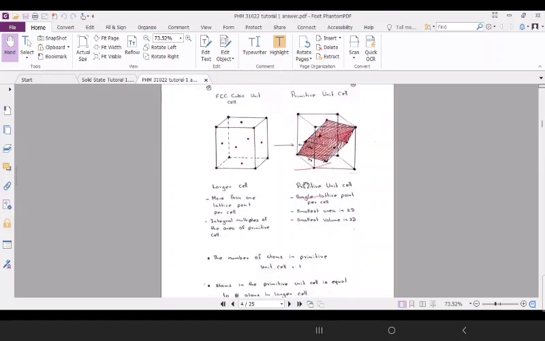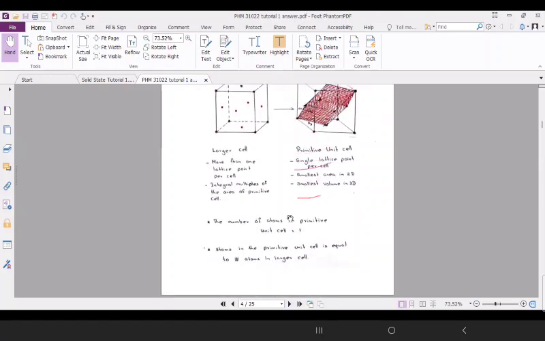Okay, in this comparison, see guys, the number of atoms in a primitive unit cell is 1, it's totally fine. But the second point is, the number of atoms in the primitive unit cell is equal to the number of atoms in the larger cell. Is that correct? Actually, I'm really sorry.